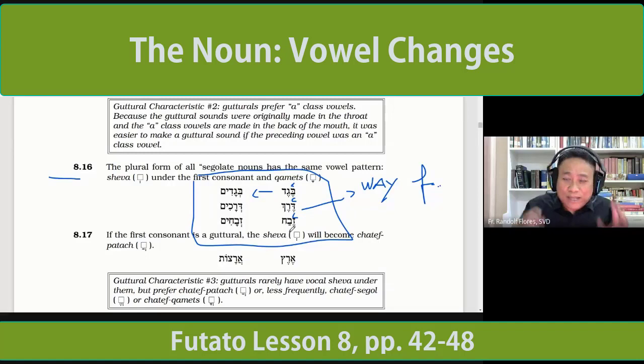So most segolate nouns are segol-segol, meaning three dots like that. However, there are segolate nouns that are not always a segol. And one of them is zebach. Zebachim is the plural. Slaughterings or sacrifices.